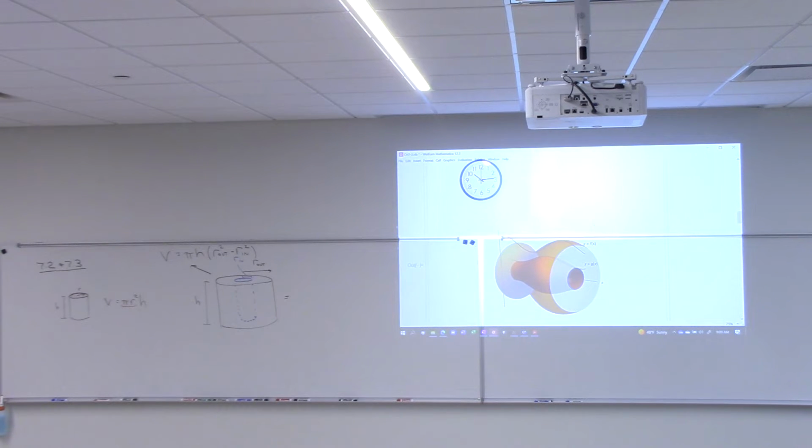You see the inside is not a straight cylinder, right? It curves up and goes back down. That's because the lower function was not straight. It was curved. So we want to know, what's the volume of this really odd shape? Seem like a reasonable thing to want to know? Yeah? Okay. So let's try it.